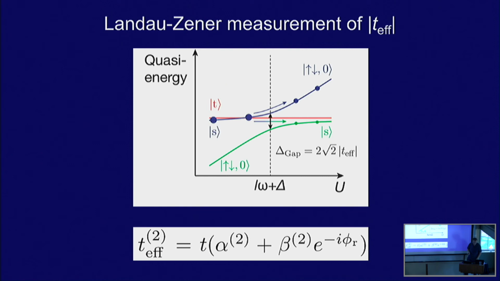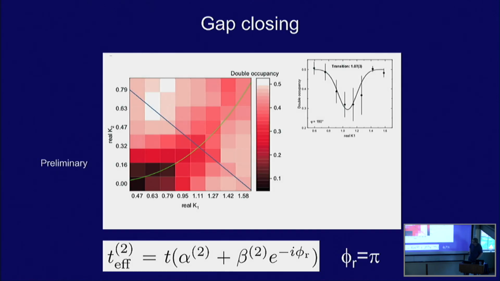So let's first make this measurement of just the absolute value of this matrix element, and that's shown here. And this is in the space of the driving. So this K1 and K2 are the two parameters of this driving, one of the one frequency, one of the other frequency.